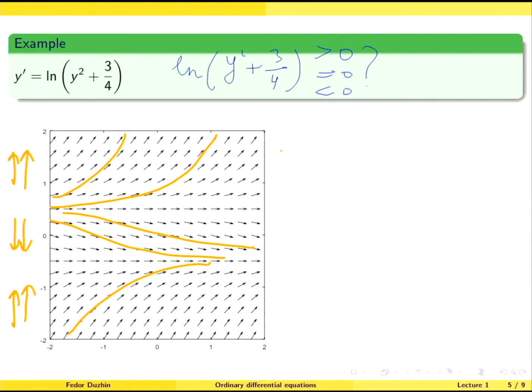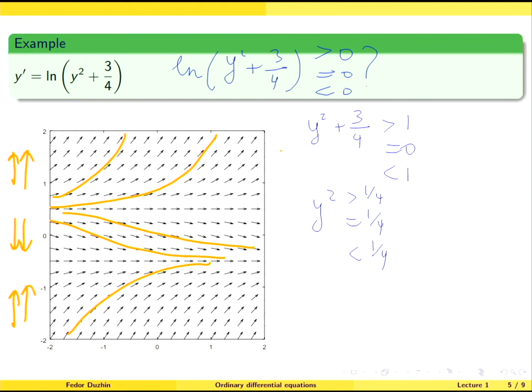Well, this depends on whether y squared plus 3/4 is bigger than 1, equals 1, or less than 1. Right? So in other words, whether y squared is bigger than 1/4, equals 1/4, or less than 1/4.